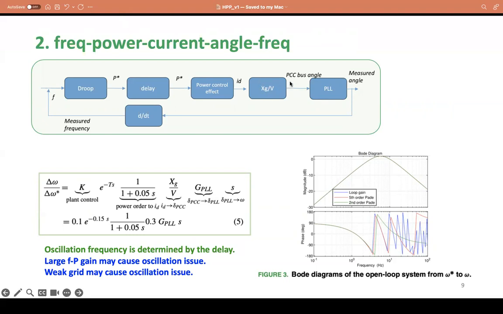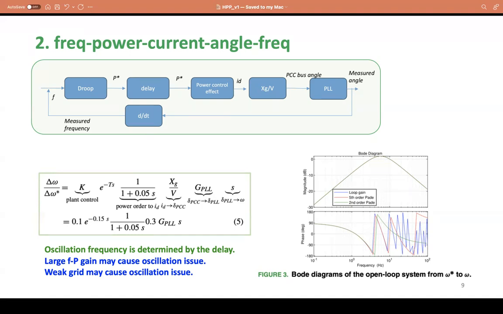If you inject more real current, more power, the angle changes more. And then the PLL phase lock will basically follow this angle, if we are using a PLL to measure the PCC bus angle. This measured angle then becomes the measured frequency if we take d over dt. Okay, that is the entire frequency, power, current, angle feedback system, where we ignore the voltage control influence.